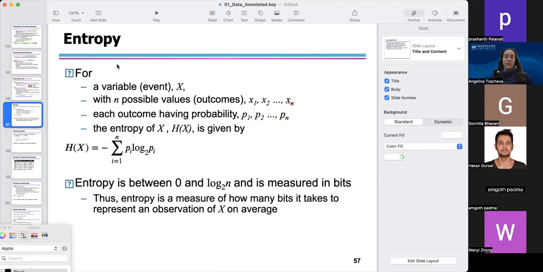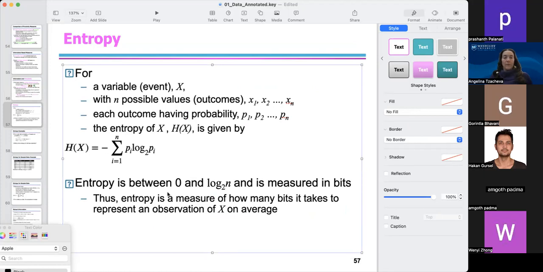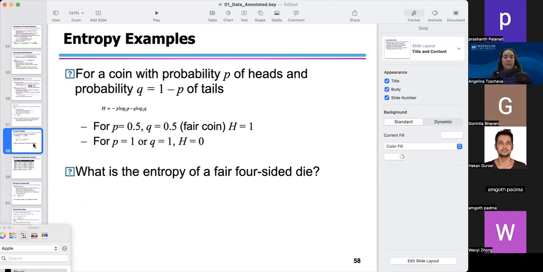So entropy is an information theory-based measure that allows us to calculate, based on probability, the chance that we would have a certain event occur.